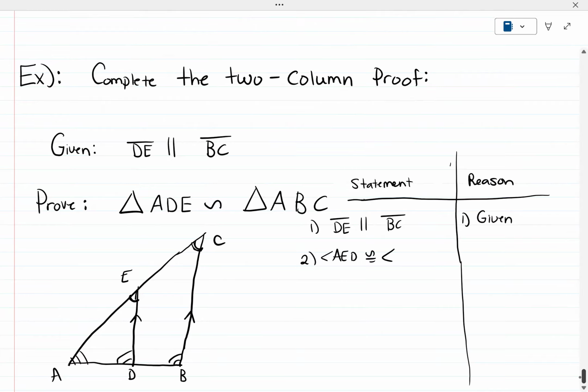That means they're congruent. The reason is that when you have two parallel lines cut by a transversal, corresponding angles are congruent.